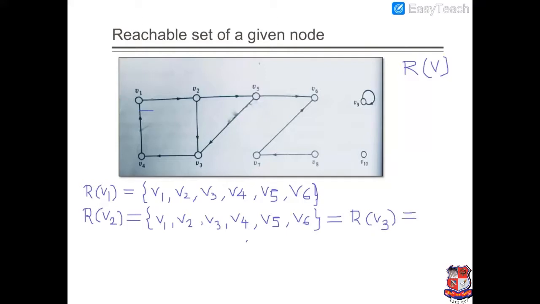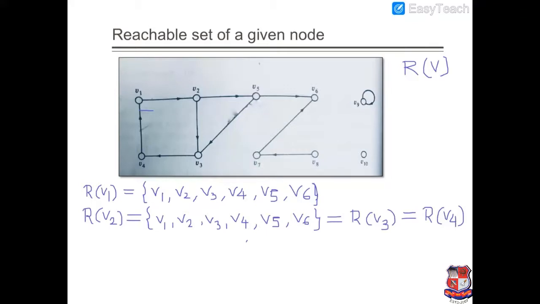Again, the reachable set of V4. V4 is reachable to V1, V2, V3. It is also reachable to V5 and V6. Therefore, it is equal to the same set.